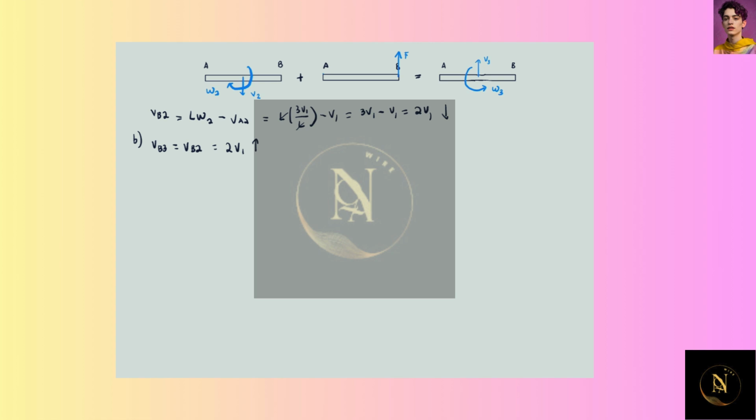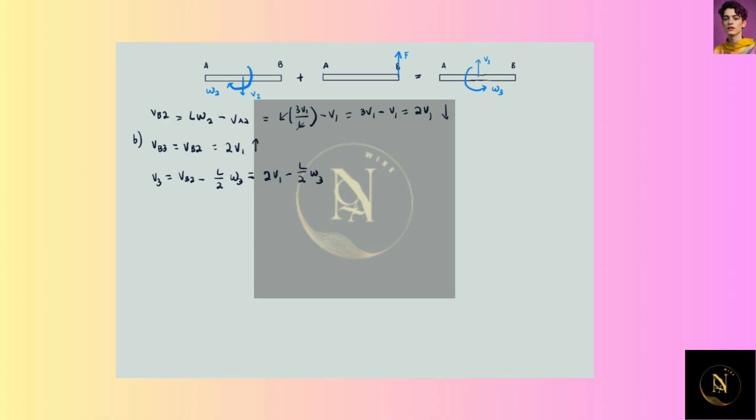Now, since the center of the rod is at a distance L over 2 away and V3 is in the opposite direction as vB2, the kinematics equation for V3 is V3 equals vB2 minus L over 2 omega 3, which will be equal to 2V1 minus L over 2 omega 3.